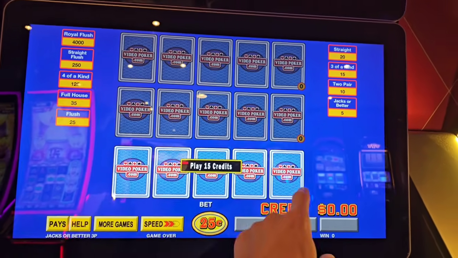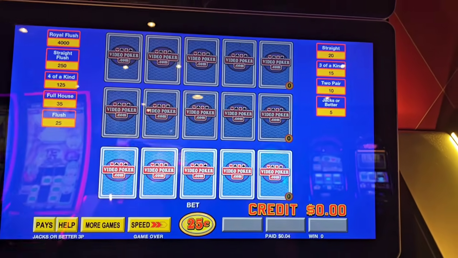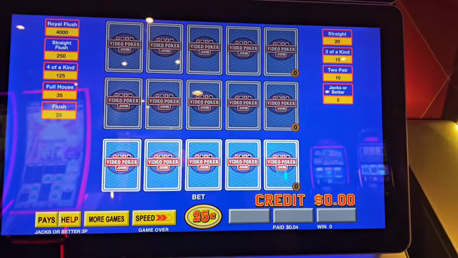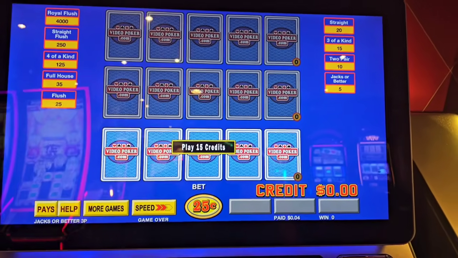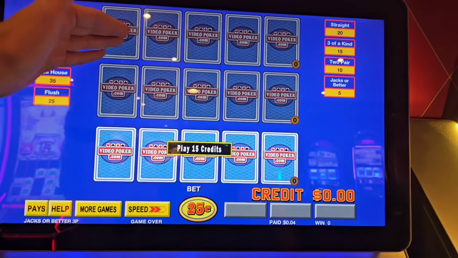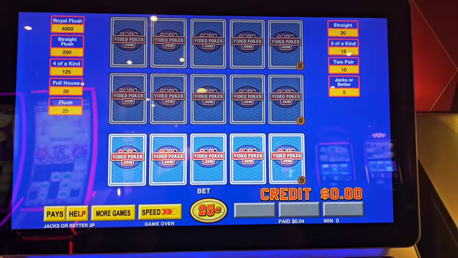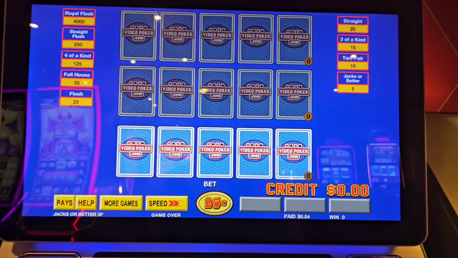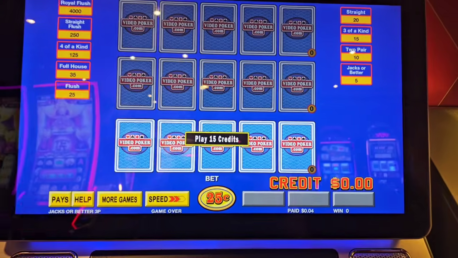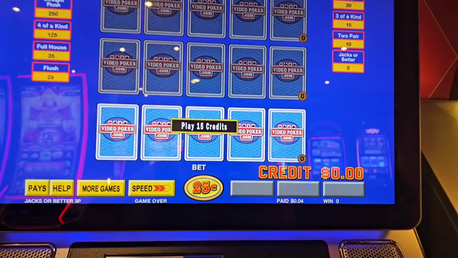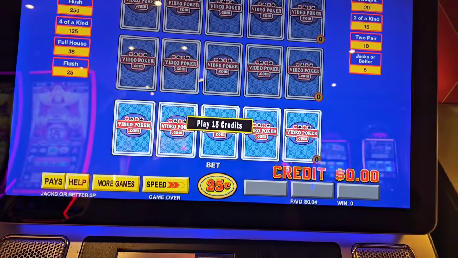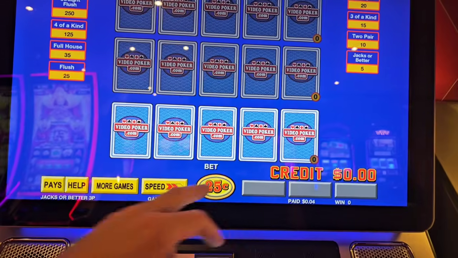So this would be $1.25, $1.25, $1.25, it would be $3.75 a spin, but the volatility would be reduced by a significant amount because you'd be playing 3 different hands, right? So you might win on 1 hand, you might win on 2 hands, you might win on all 3, but just like the lower volatility slots, if you're winning on 1 hand or 2 hands, it's better than missing on all 3, like it would be on single line.